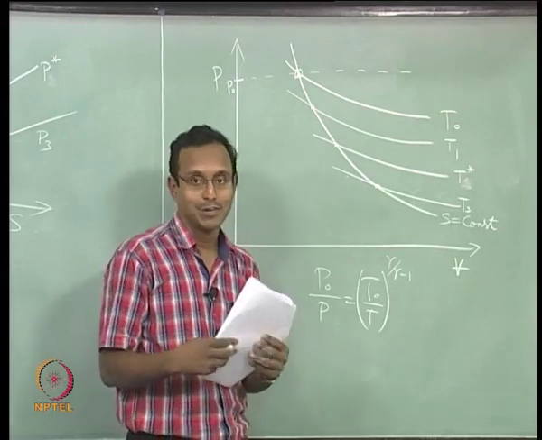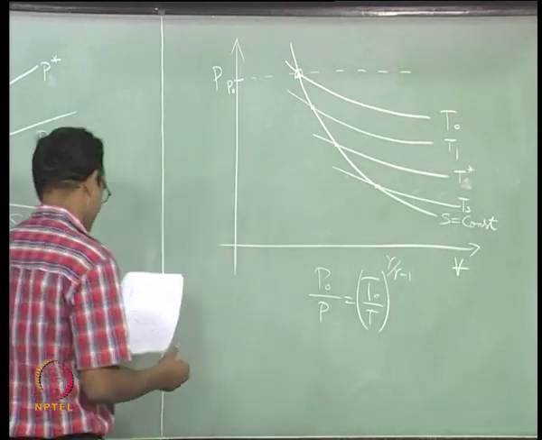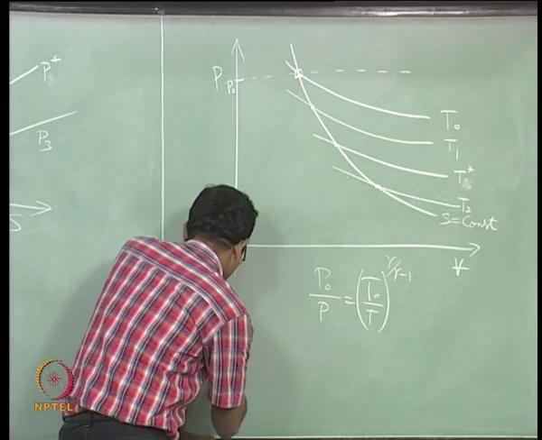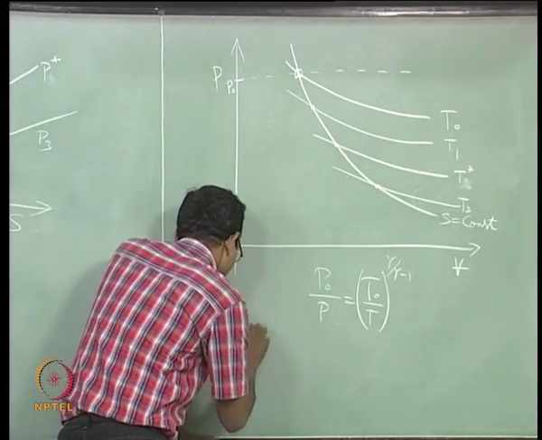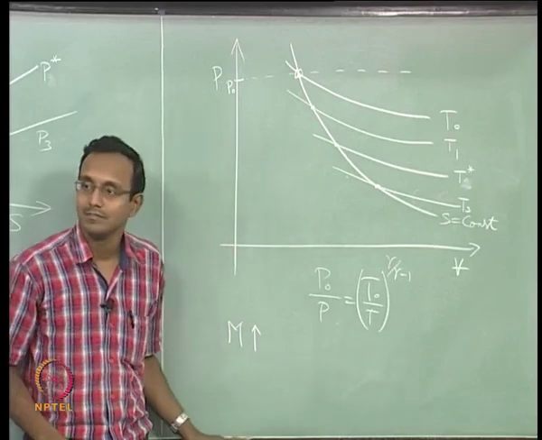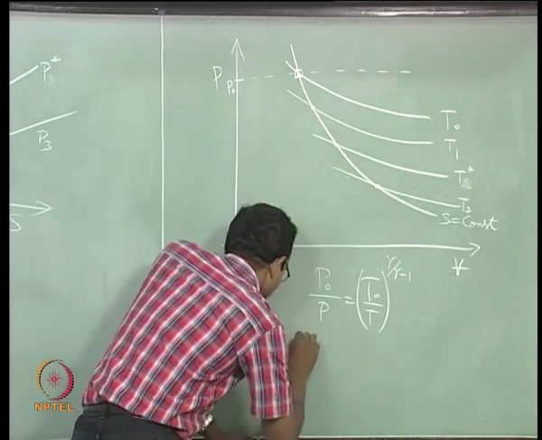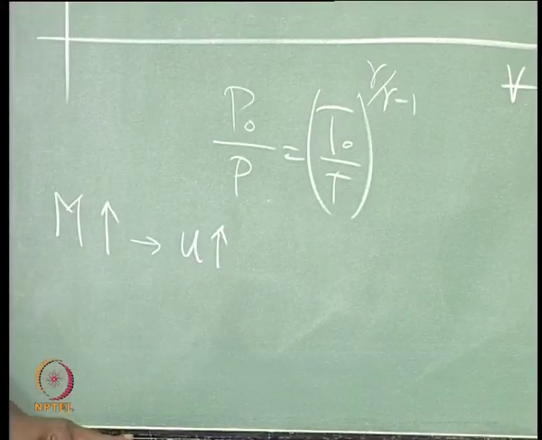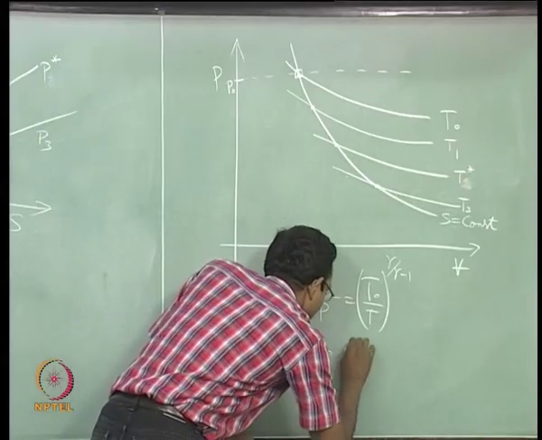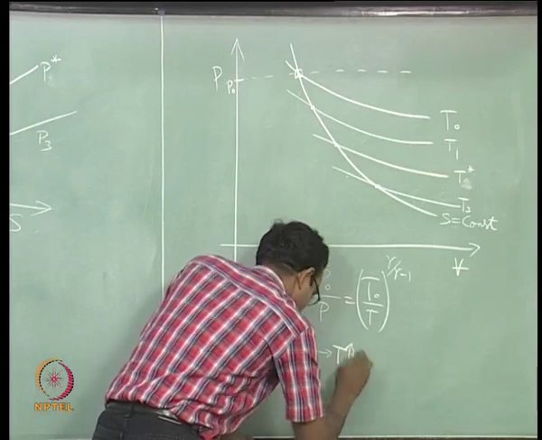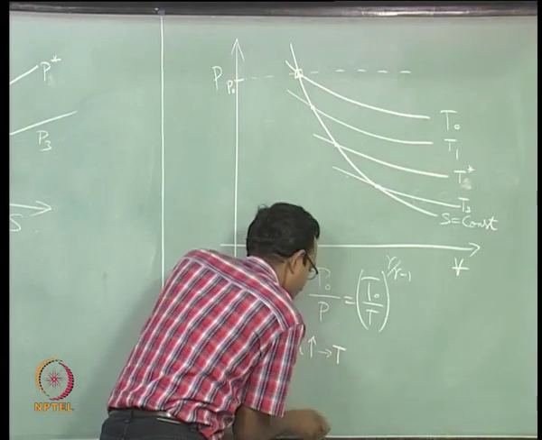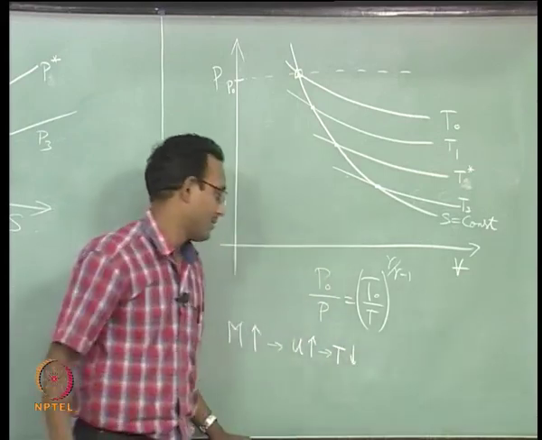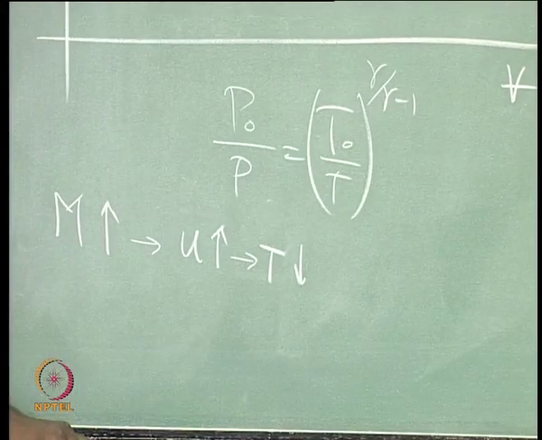Okay. Now, there is one more special interesting thing. I said that if I increase Mach number, my velocity increases. If velocity increases, I said that temperature decreases, sorry, temperature decreases. So, what happens to Mach number?